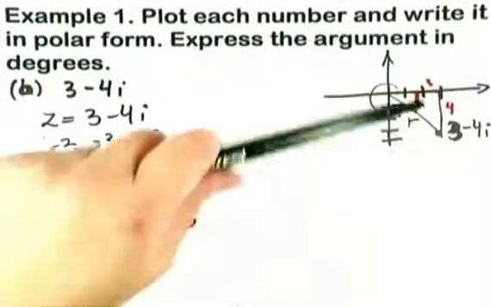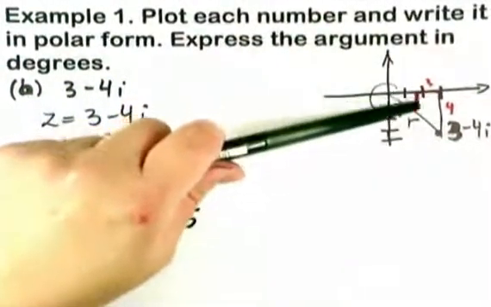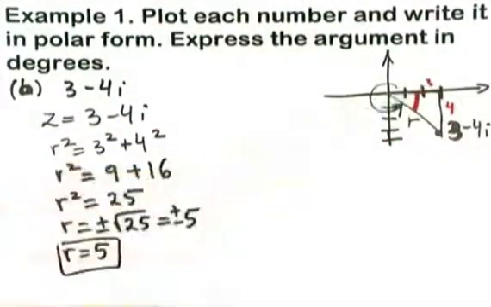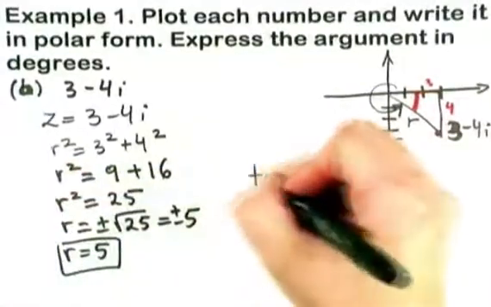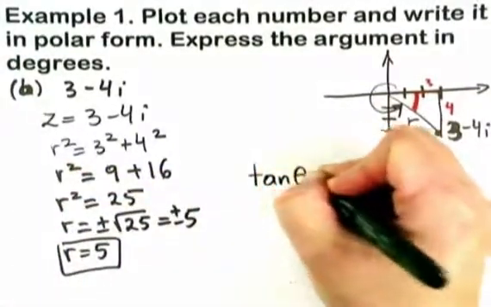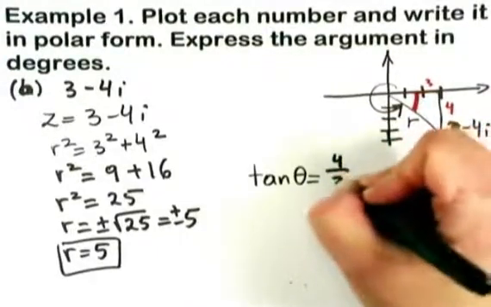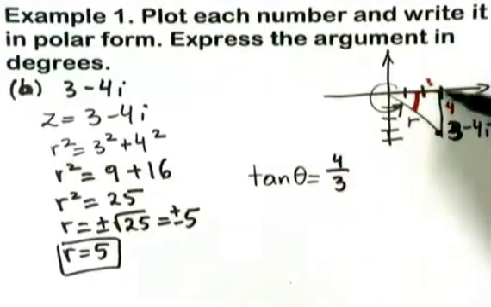Now we can find the reference angle. Regarding this angle, this is my opposite. This number is adjacent. Opposite over adjacent is tangent theta. Opposite is 4. Adjacent is 3. We don't go with negative because we are looking for the reference angle in this right triangle, and we treat these as distances, which are positive.